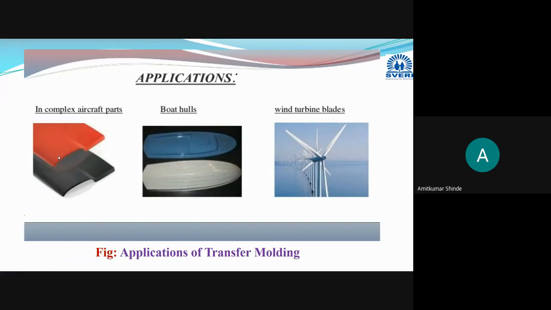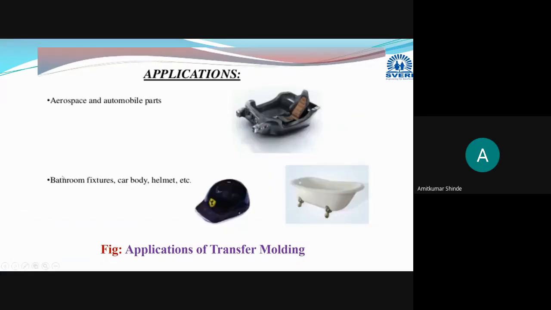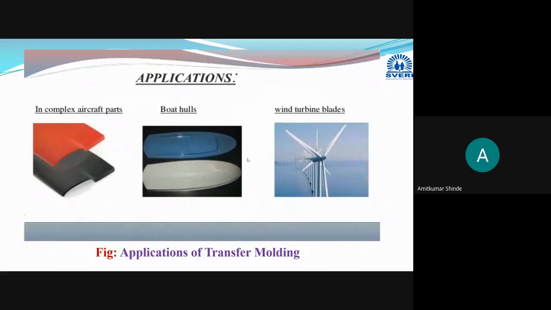in the automobile industry also. And then, this is another bathroom fixture, or a wash basin, you can say. These can be made from this transfer molding with the help of thermosetting plastic materials. Then different kinds of helmets, then aerospace and automobile parts, okay, these all can be manufactured with the help of this transfer molding process.